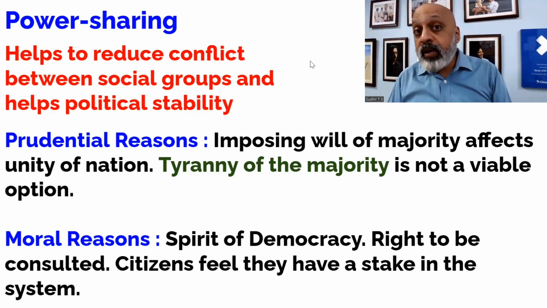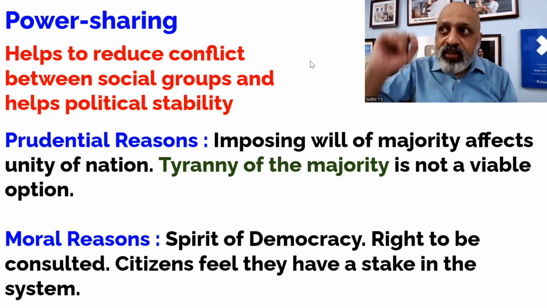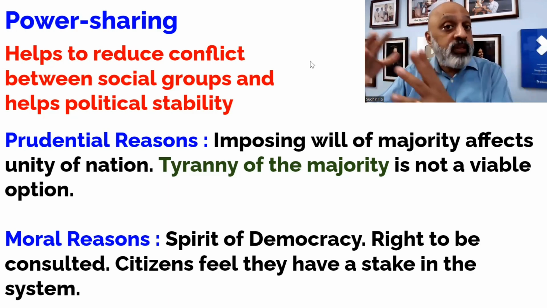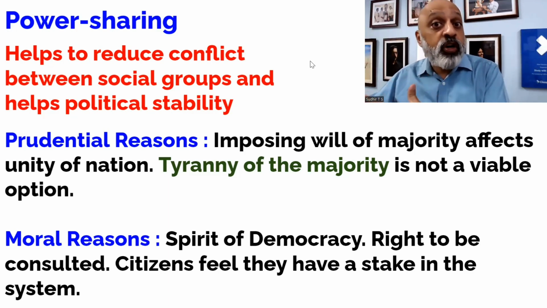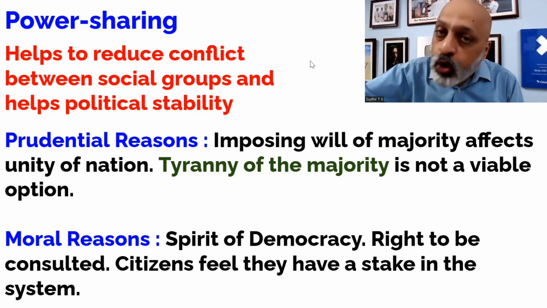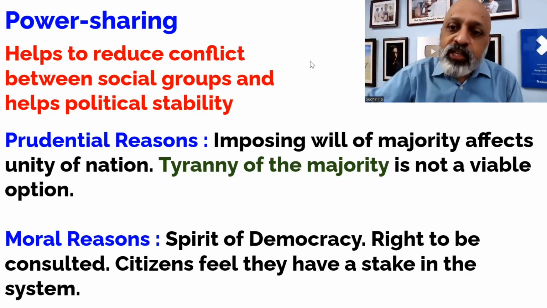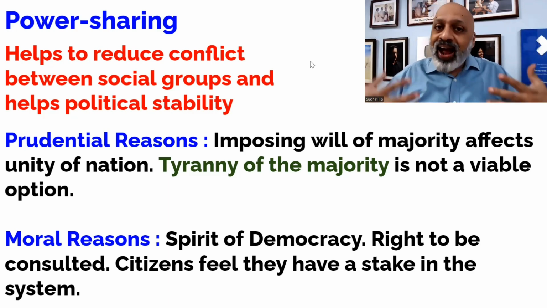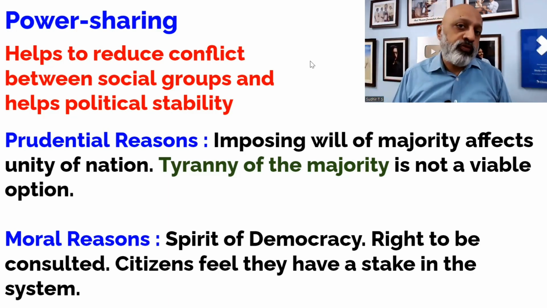So tyranny of the majority is a very important phrase, that there should never be tyranny of the majority. Tyranny comes from the word tyrant. Tyrant means someone who is cruel. So the majority community should never be cruel, should not be dominating so much that it starts affecting the unity and the social fabric of the country.